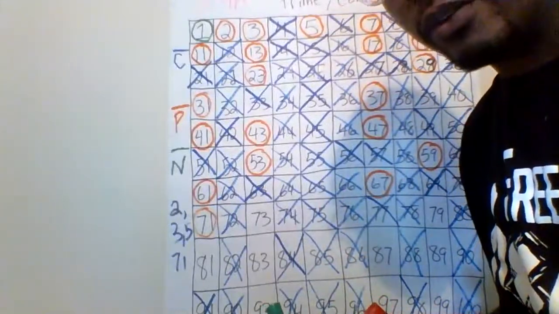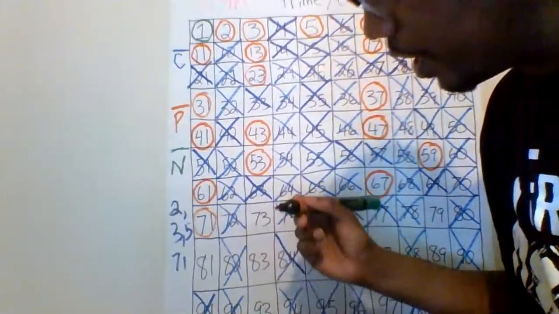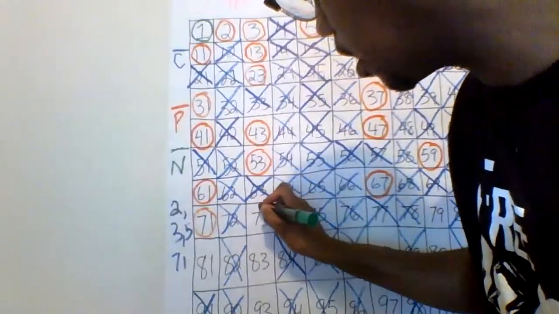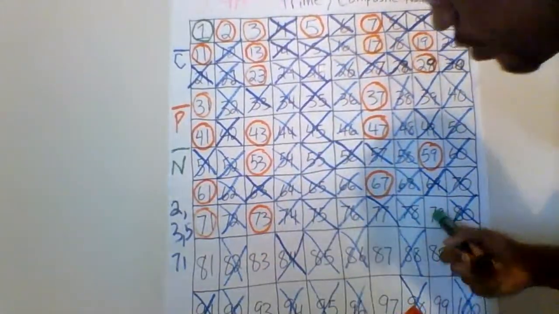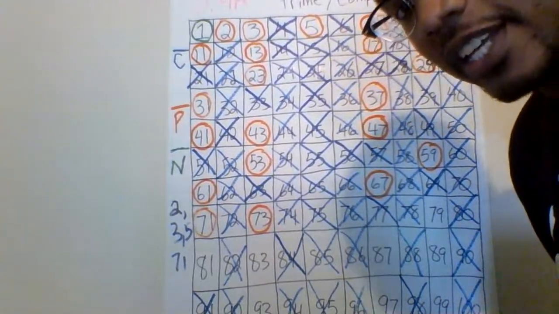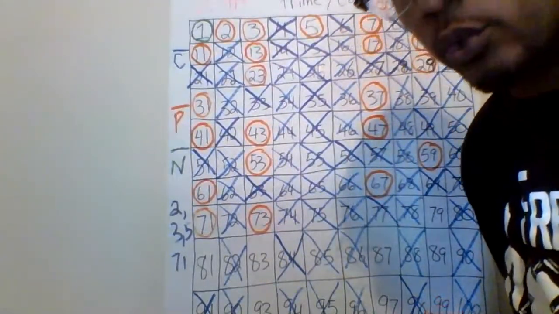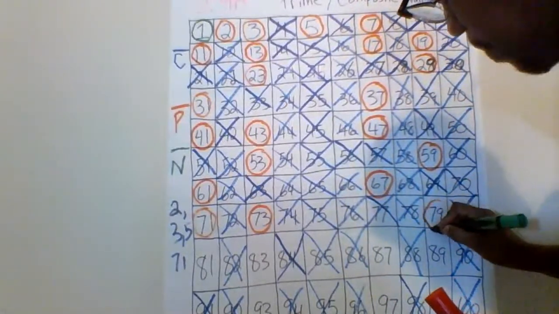You cannot skip count by 3 to get to 10. So Benjamin is correct. 73 is prime. All right, the last one on this row is 79. 7 plus 9 is 16. You cannot skip count by 3 to get to 16. So it's prime. 79 is prime.